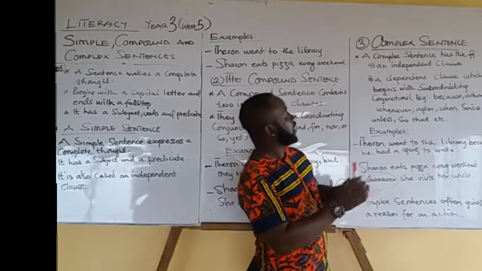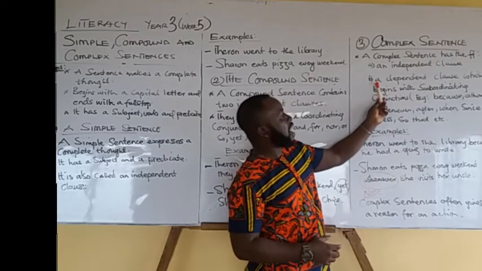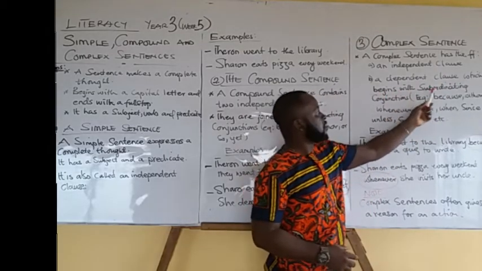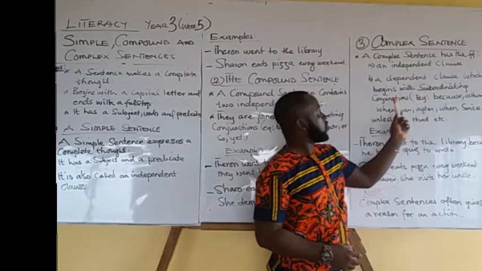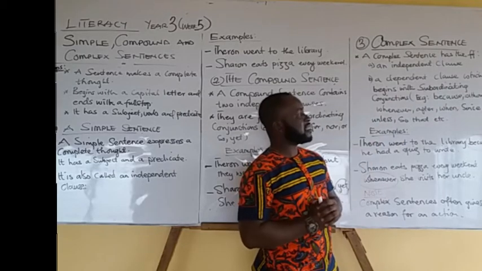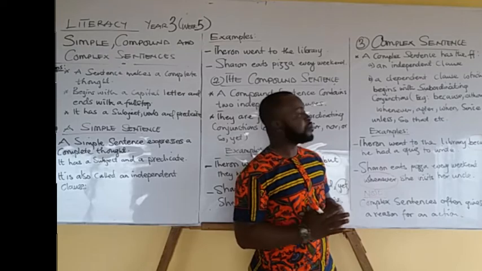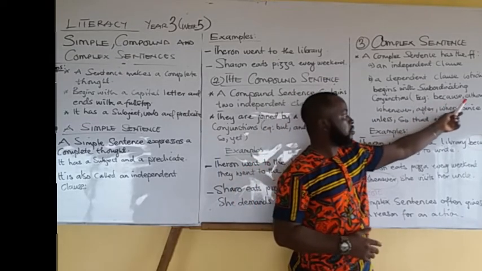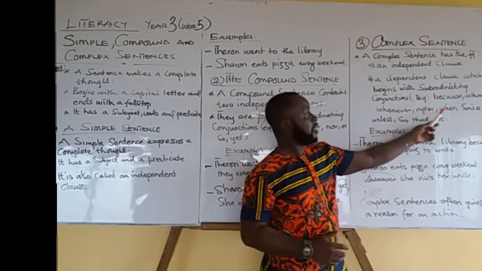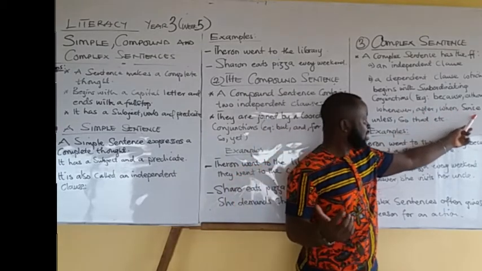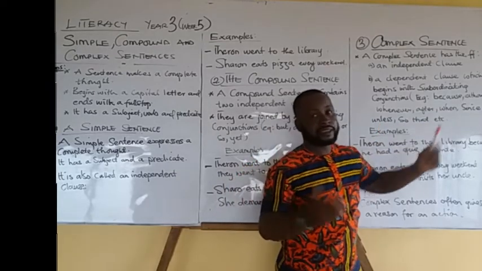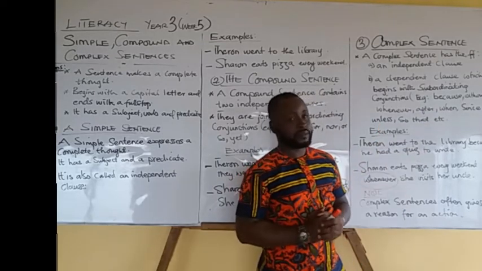Good. It also has a dependent clause which begins with subordinating conjunctions. Okay. Now, what are these subordinating conjunctions? Example: because, although, whenever, after, when, since, unless, so that, etc. Many more of that. Okay.